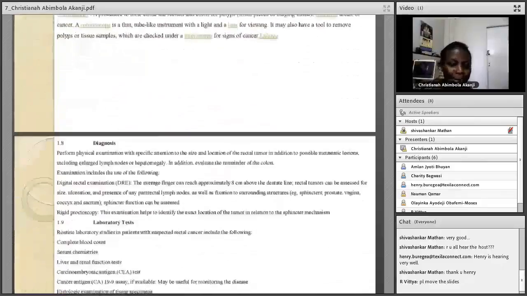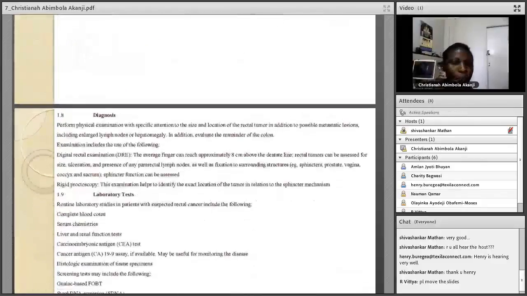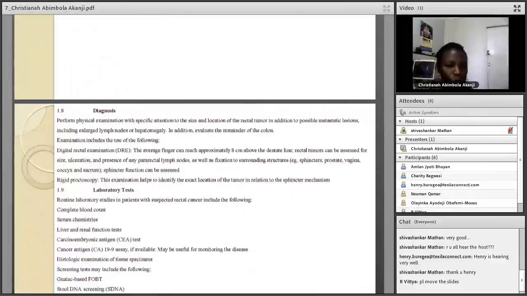Diagnosis: perform physical examination with specific attention to the size and location of the rectal tumor, in addition to possible metastatic lesions, including enlarged lumps, lymph nodes, or hepatomegaly.